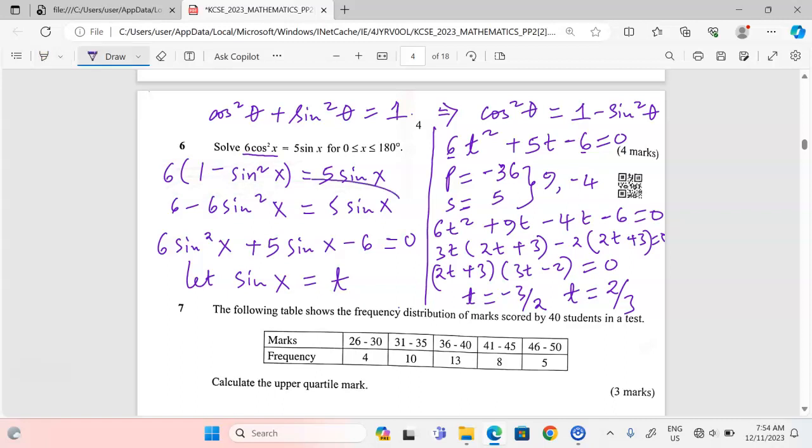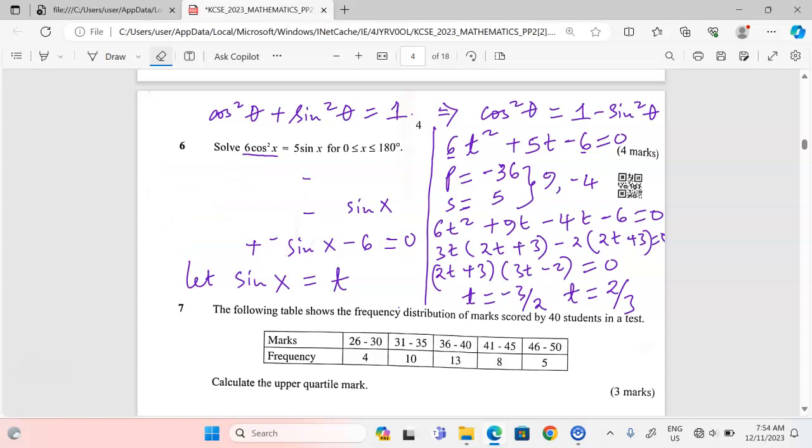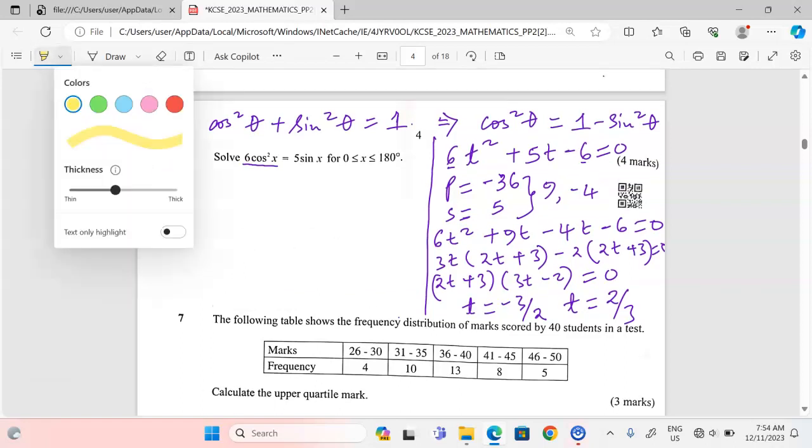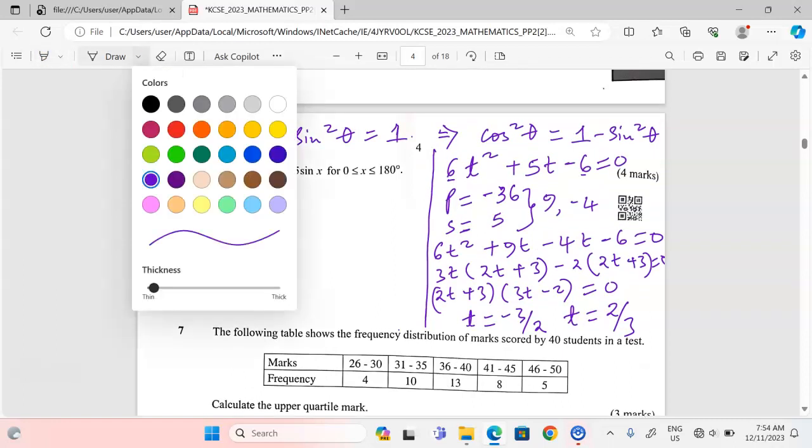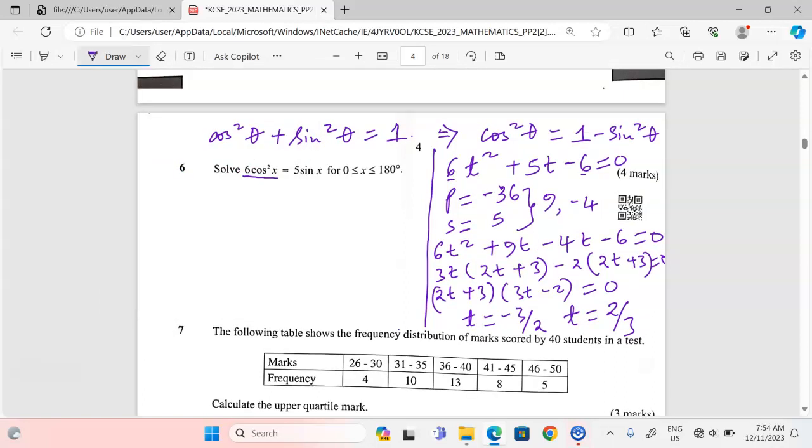Now the point here is that we have already calculated the sine, because it is the sine of x that we had let to be t.